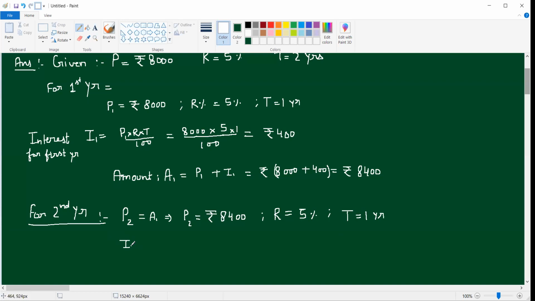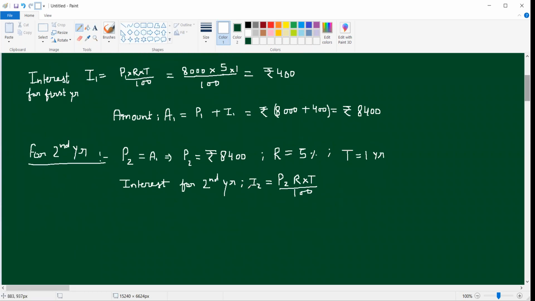So the interest for the second year, I2, will be equal to P2 into R into T divided by 100, which implies, see, I've checked the copies of section A students, and hopefully section B students might not be doing the same mistake. When they repeat an equation, they do not make this implies sign.